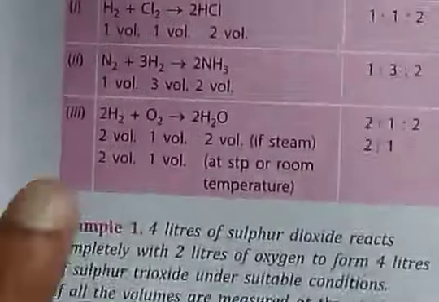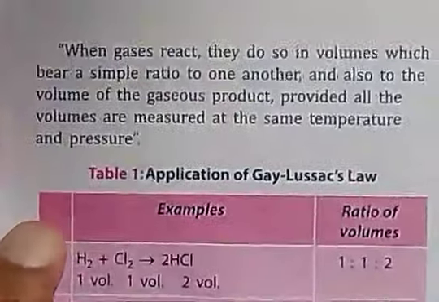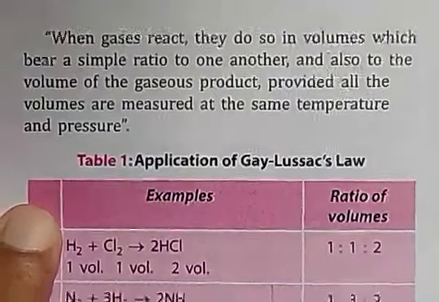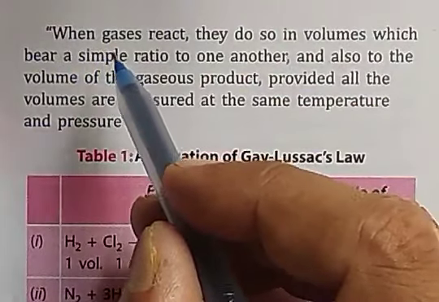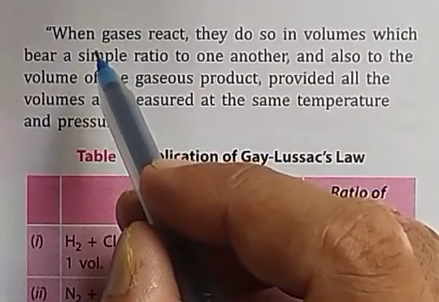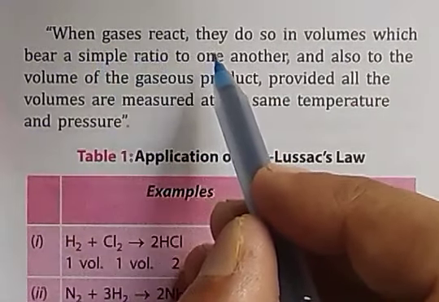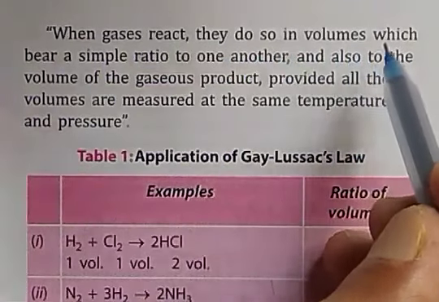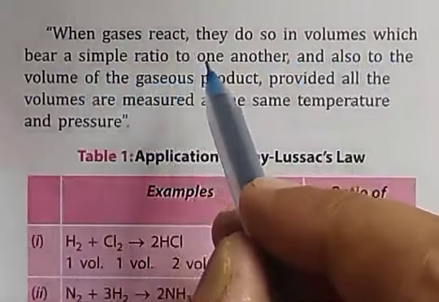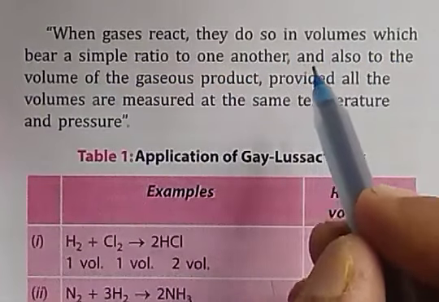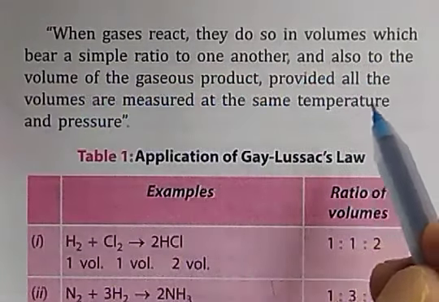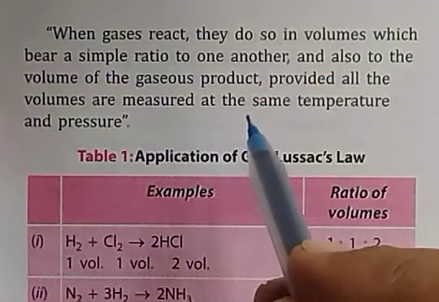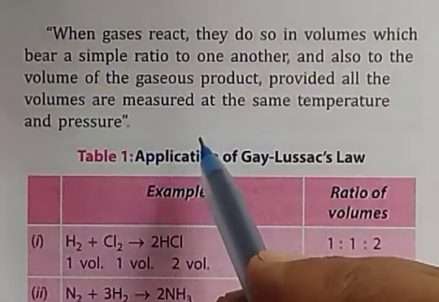Now, what is the Gay-Lussac law of combining volumes? According to this law, when gases react, they do so in volumes which bear a simple ratio to one another and also to the volume of the gaseous product, provided all the volumes are measured at the same temperature and pressure.